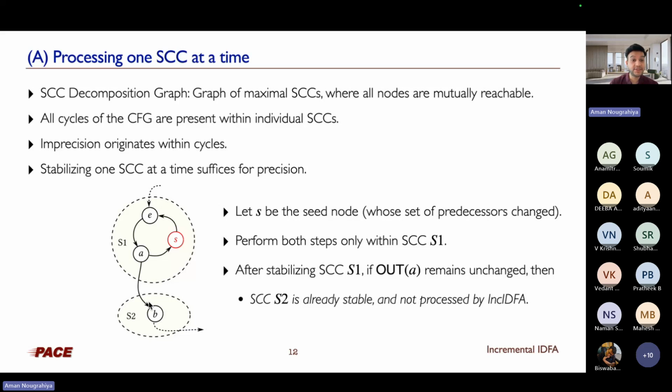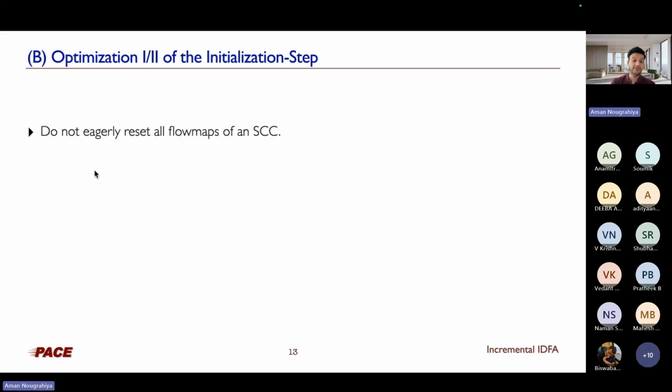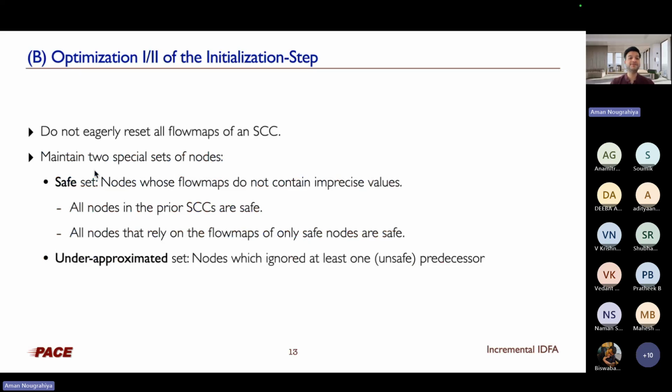In the second optimization, we do not eagerly reset all the flow maps of an SCC. Instead, we maintain two maps. First is the set of safe nodes. That is, those nodes whose flow maps will not lead to an imprecise solution are logically called safe nodes. The way to define them is that if I'm processing SCCs in a topological sort order, then every node in the SCCs above my current SCC is already safe.